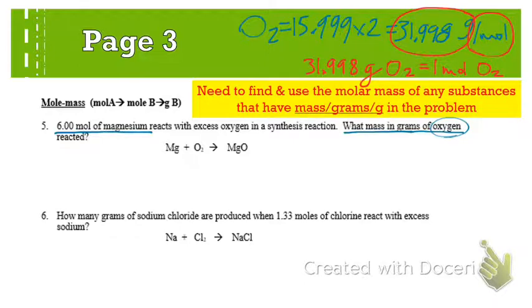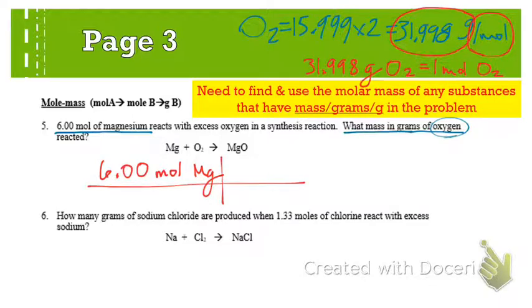So let's go ahead and start setting things up. I have my given is 6 moles of magnesium. And even though I know I'm going to need this molar mass equation, I can't use it yet because I have moles of magnesium here up top. So I know I need moles of magnesium down on bottom. So I can't use that equation yet.